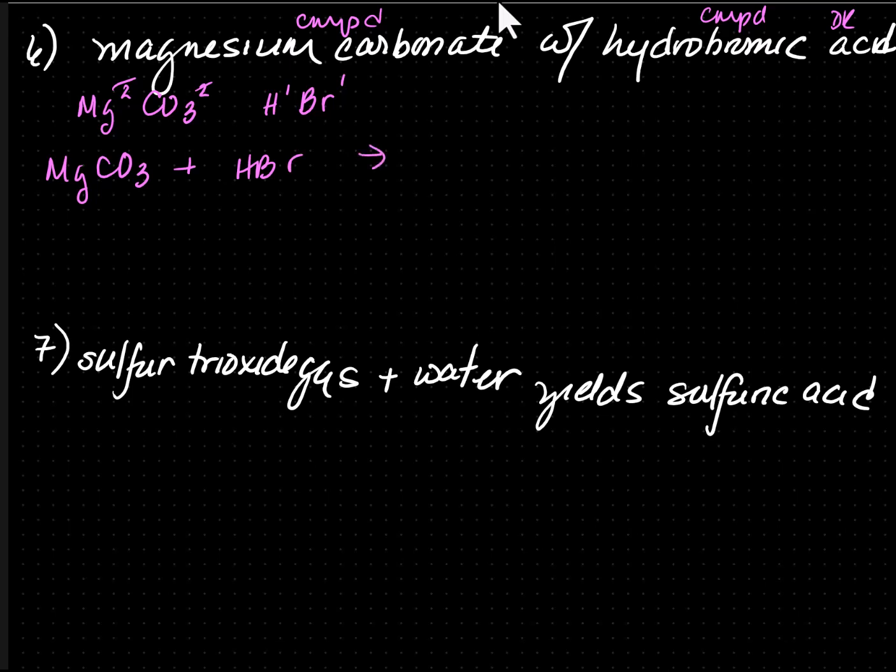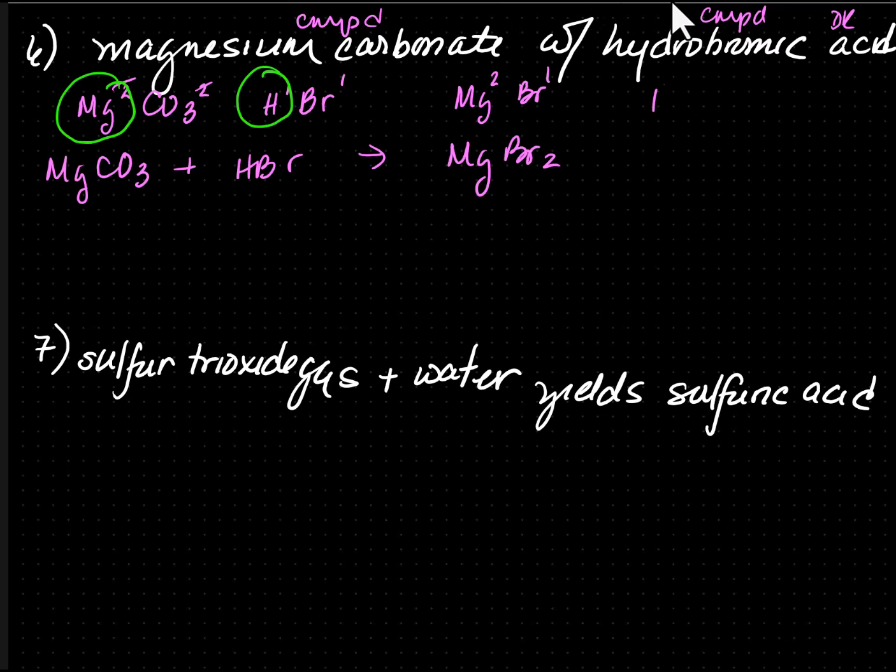When we have a compound and a compound, the first part of each compound will switch partners. So metals will replace metals, nonmetals will replace nonmetals. For acids, when hydrogen's in the front, it behaves like a metal. So Mg's new partner is going to be Br. Mg has charge 2, Br has charge 1, crisscross. So this is MgBr2.